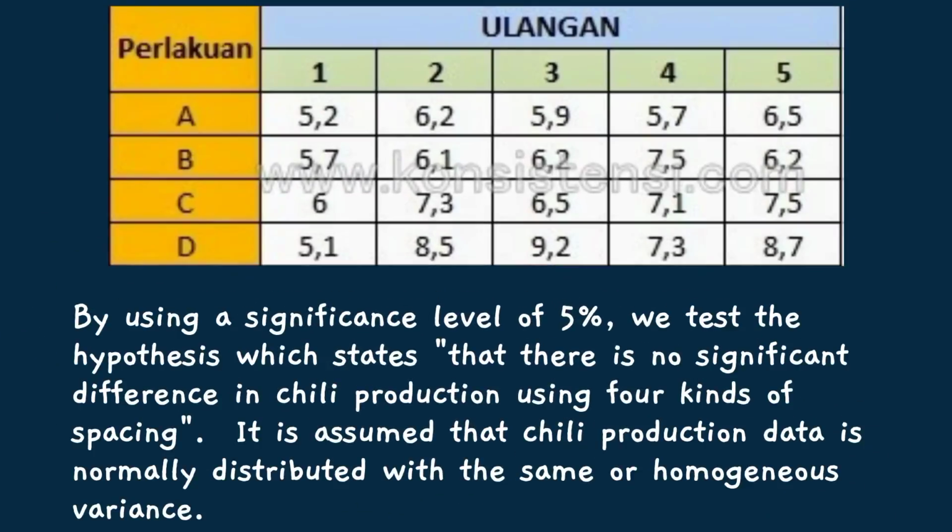By using a significance level of 5%, we test the hypothesis which states that there is no significant difference in chili production using 4 kinds of spacing. It is assumed that chili production data is normally distributed with homogeneous variance.